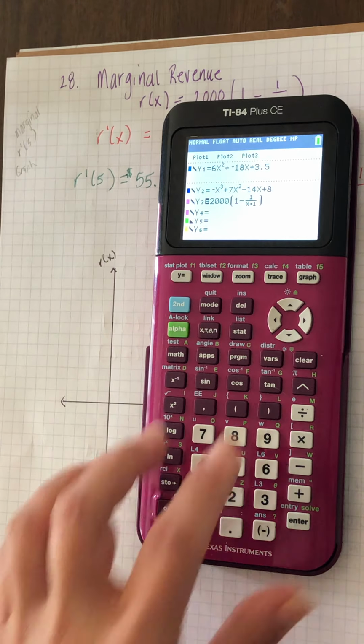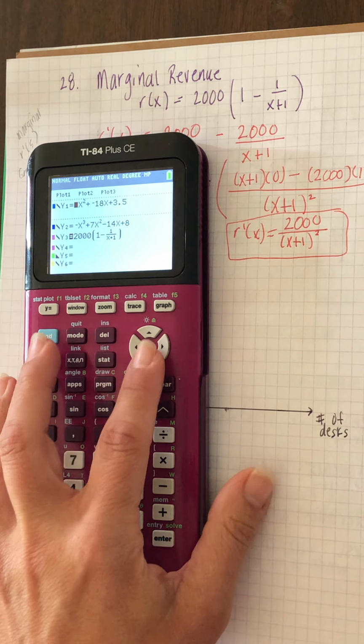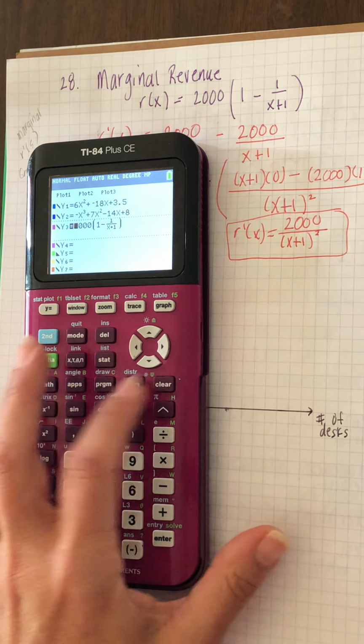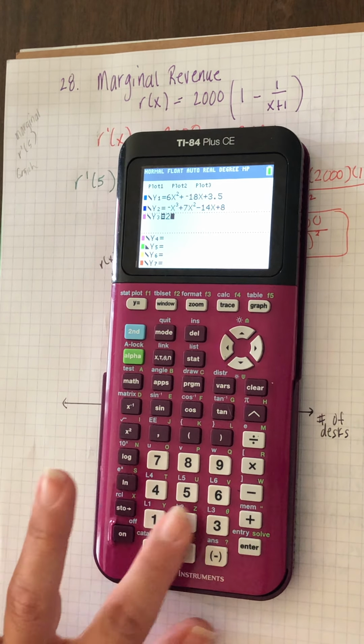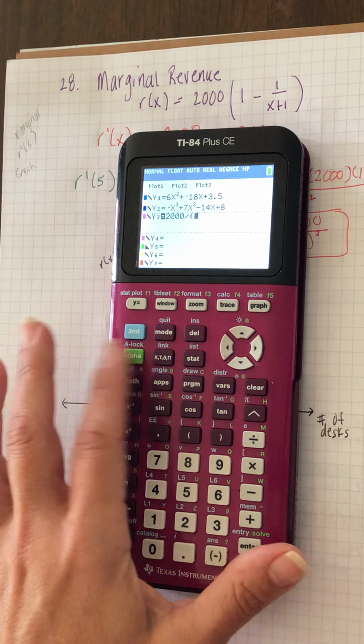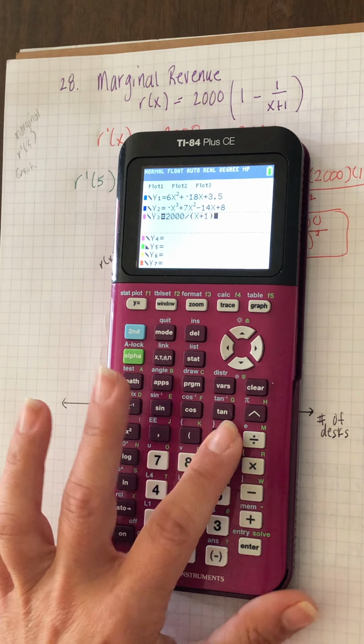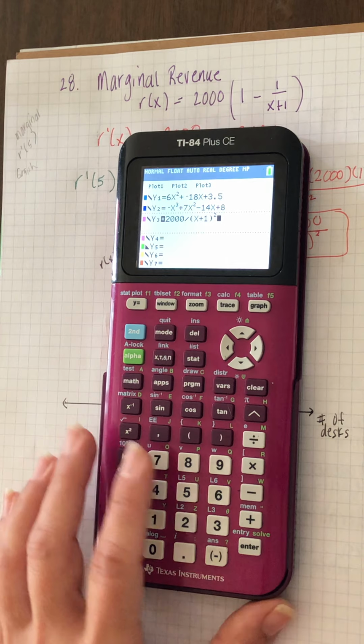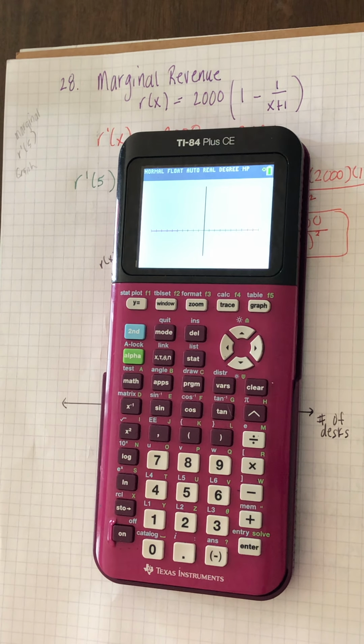Your teacher has the wrong equation plugged in. I should do 2,000 over x plus 1 squared. Sorry. 2,000 divided by the quantity x plus 1 squared. I hope this works.